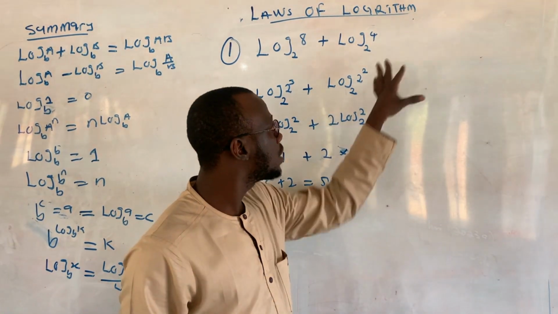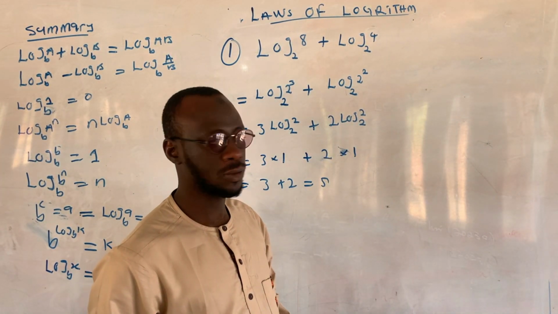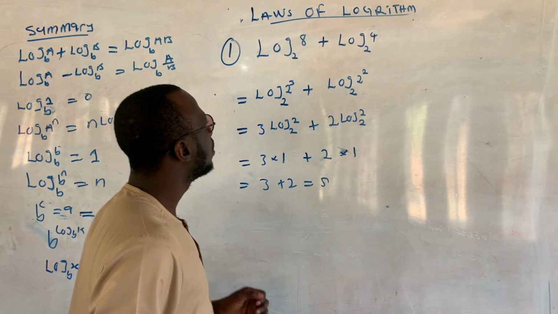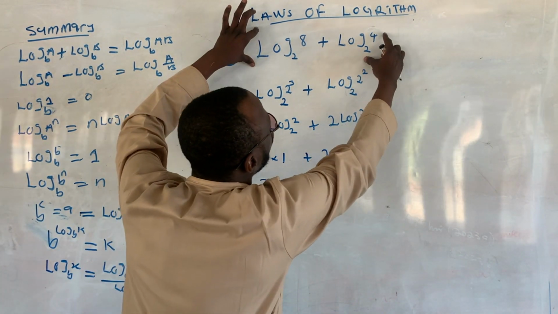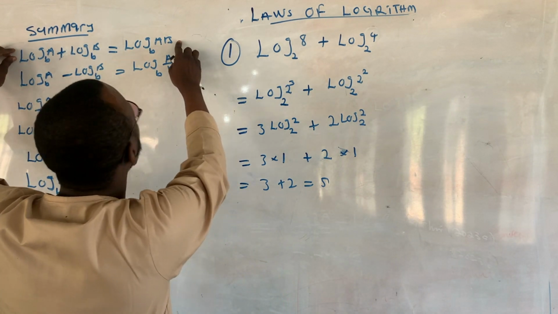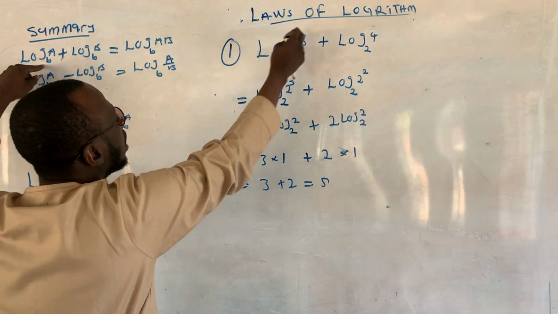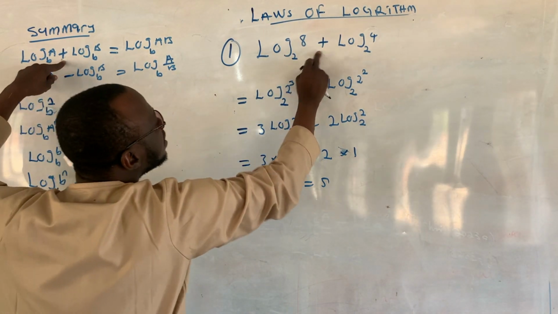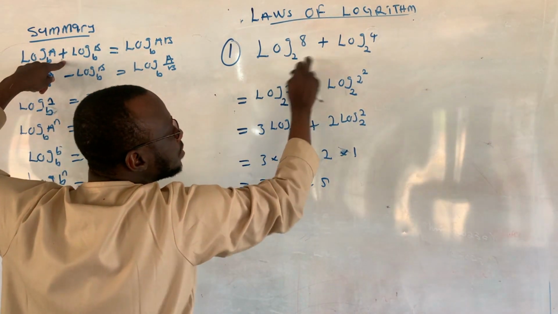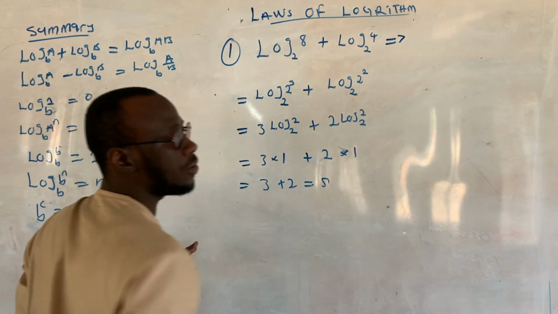We are going to use another way to solve this question now. As you can see, this question follows which rule? This rule: log A base B plus log A base B, with the plus sign between the two logarithms. So I'm going to use this side to solve this question now.